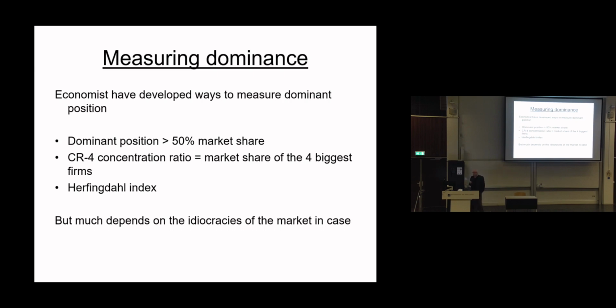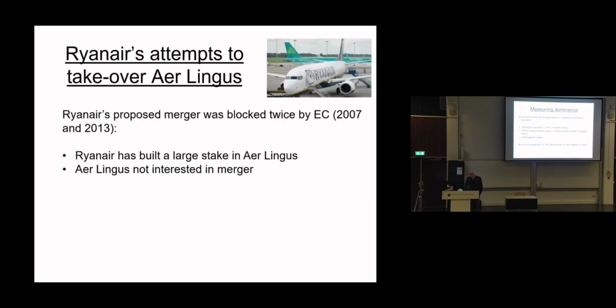Basically, take the market share of the 4 biggest companies in the business. If that is, I think it was 80%, above 80%, there's a real risk of misuse of market power. The Herfindahl index, another measure. But basically, much of the competition in the market is created by the specific features of the market in case and the particular market structure that there is for a particular market.